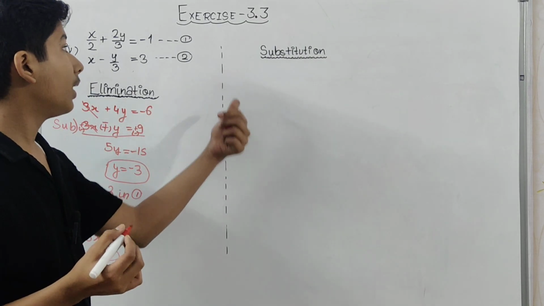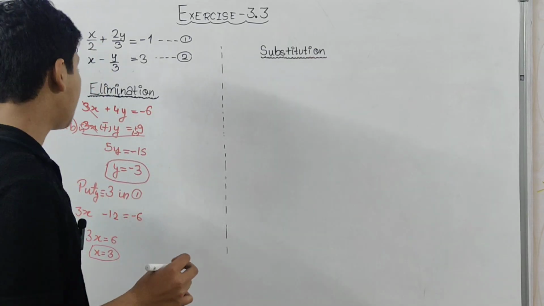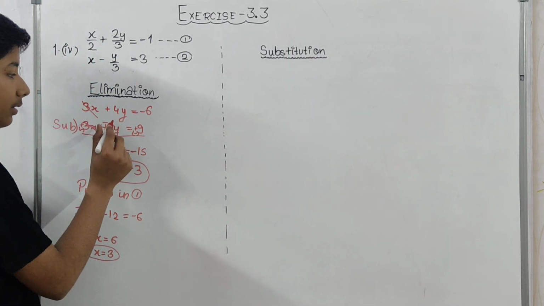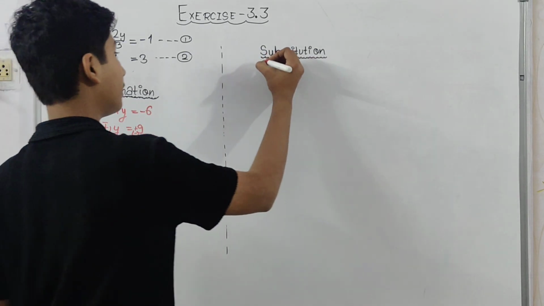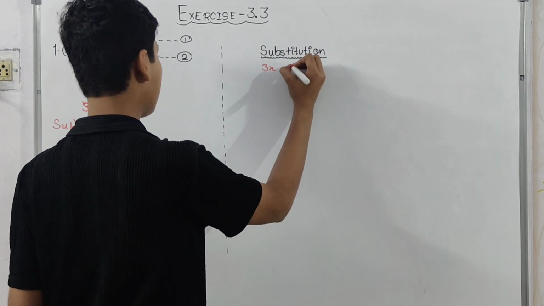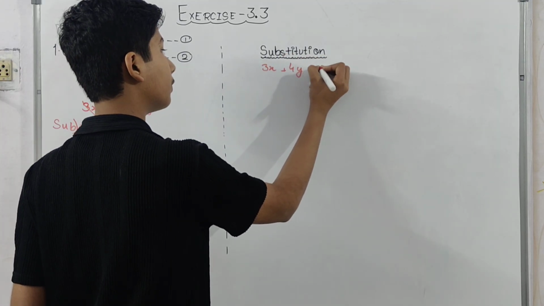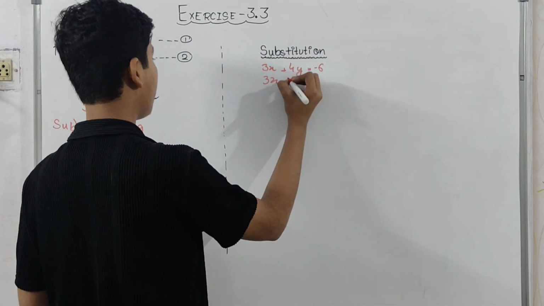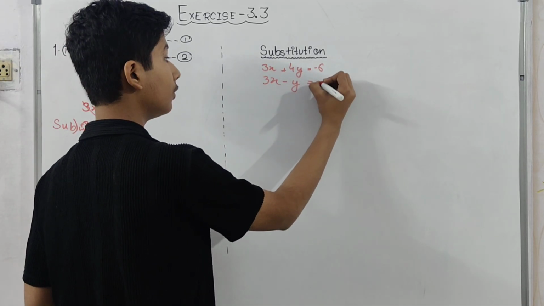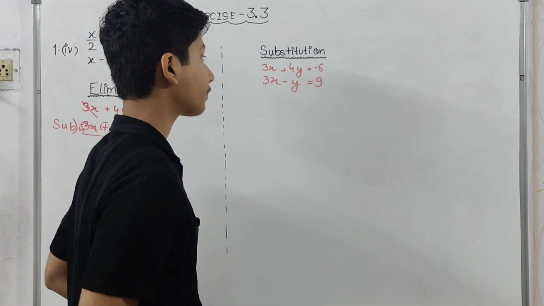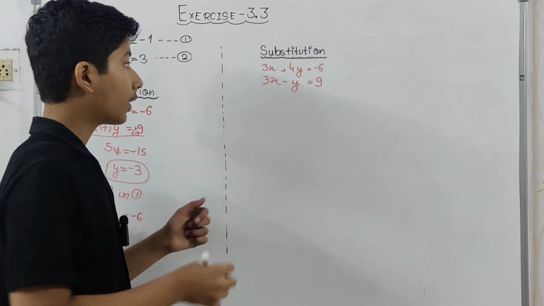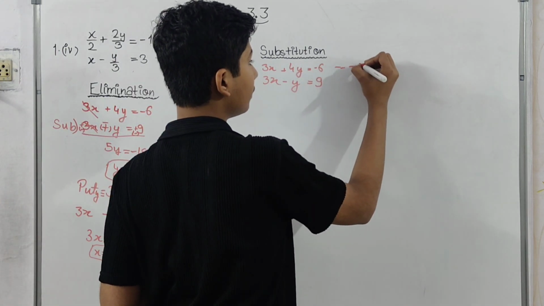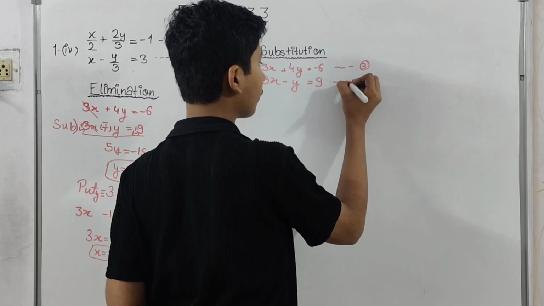Now we'll do the same question using the substitution method and we'll use these equations. 3x plus 4y equals minus 6 and 3x minus y equals 9. Now what we do? Let this equation be 3 and this equation be 4.